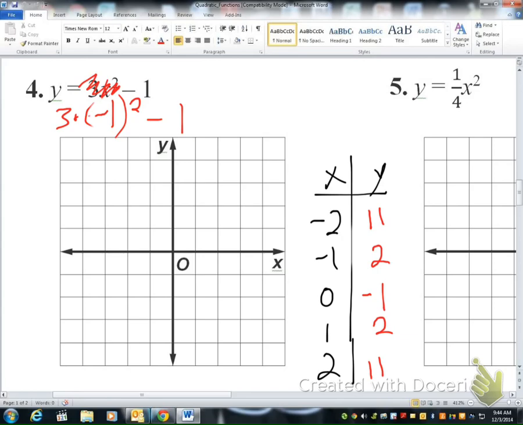Now, when it comes to graphing this, we know it's going to open which way? Upward, right? It's positive.